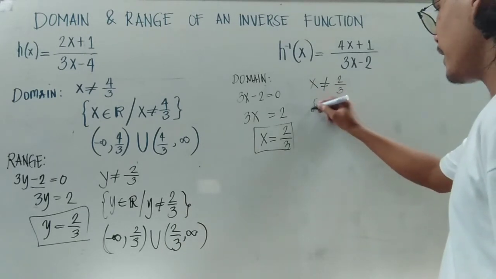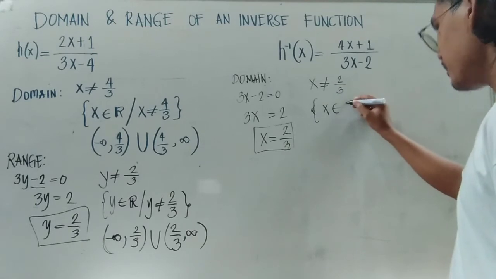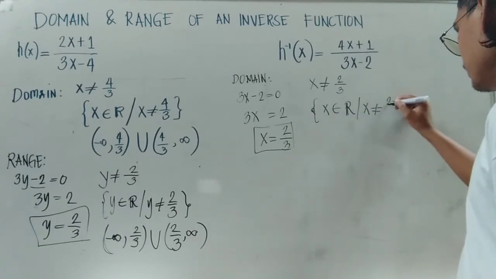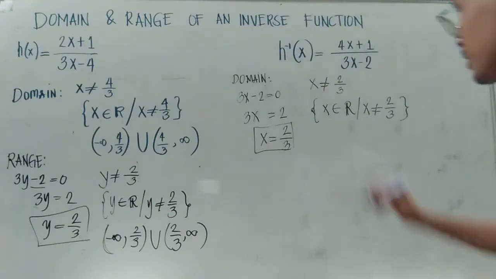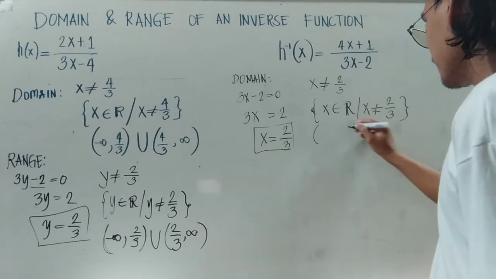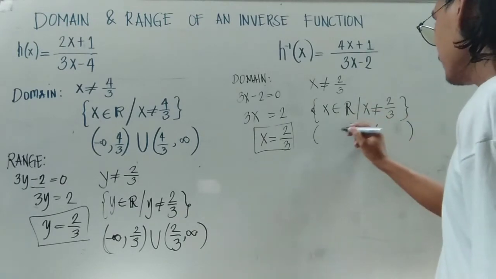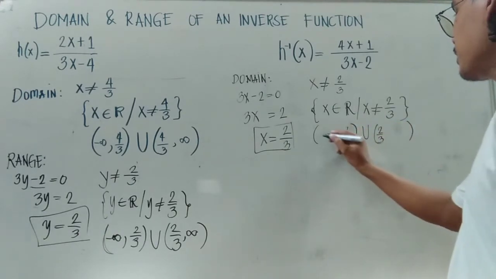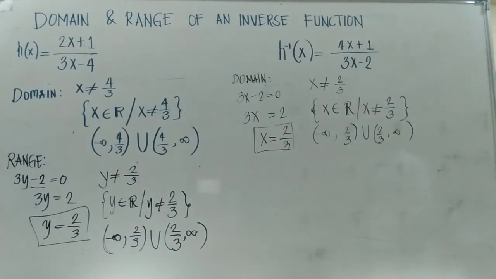Okay? Then using set builder notation, we have x an element of real numbers such that x is not equal to 2/3. Then using interval notation, we have 2/3 as the barrier, from negative infinity to positive infinity.